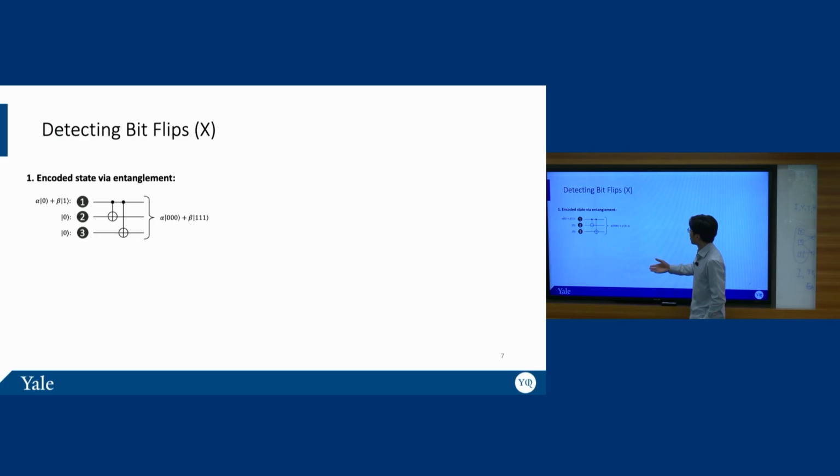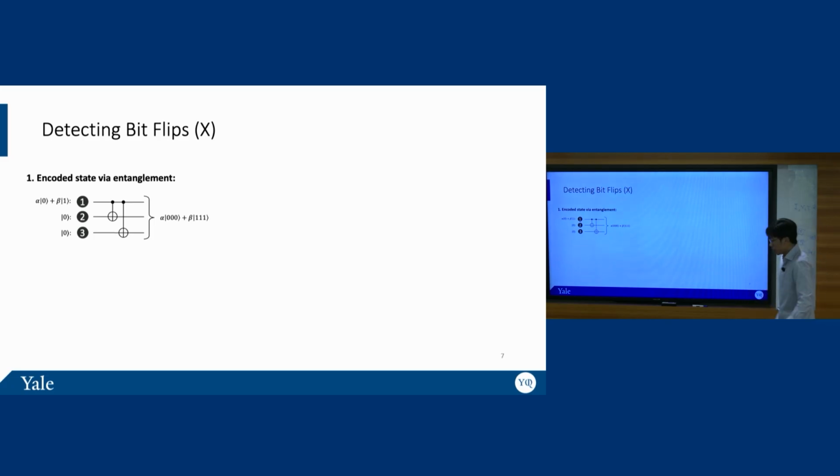Inspired by the 3-bit repetition code, we can copy the bits along each basis state, not copying the entire unknown qubit into replicas, but creating entangled states like this: alpha |000> plus beta |111>. And it's simple to construct using, for example, two fresh ancilla qubits, helper qubits, and two CNOT gates.